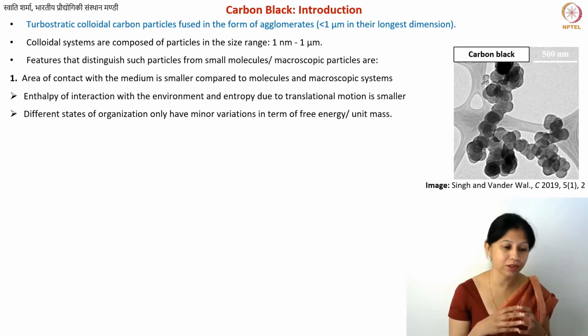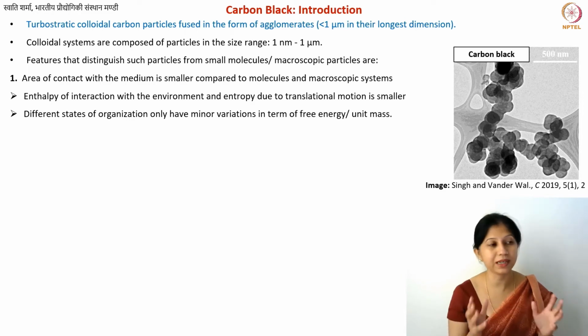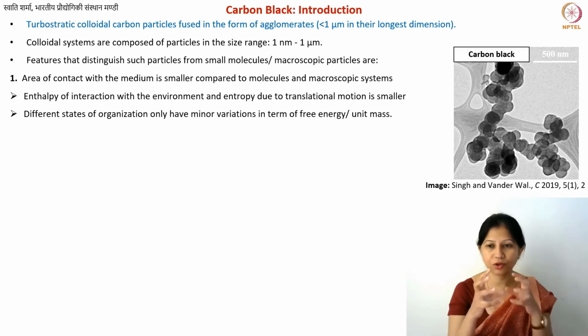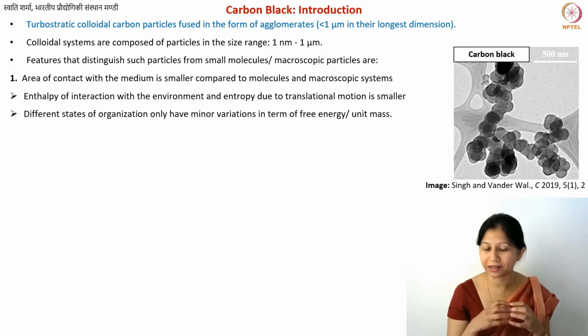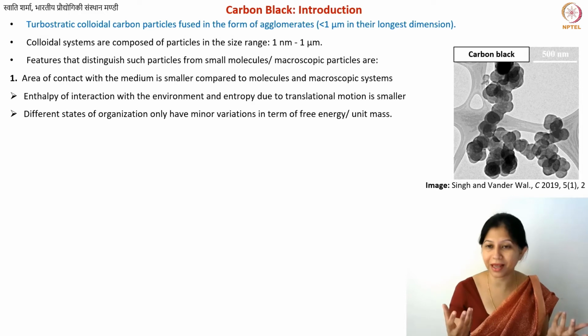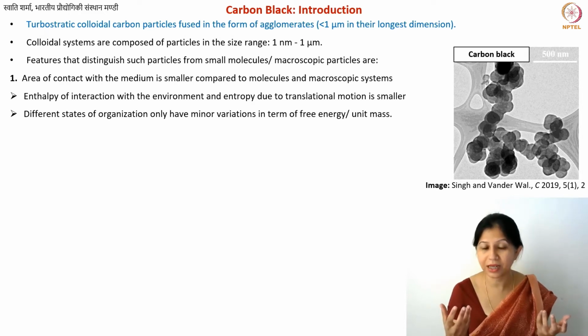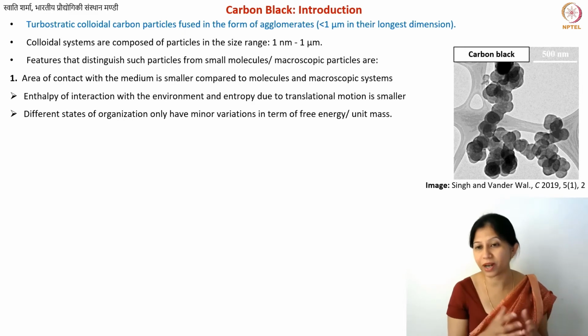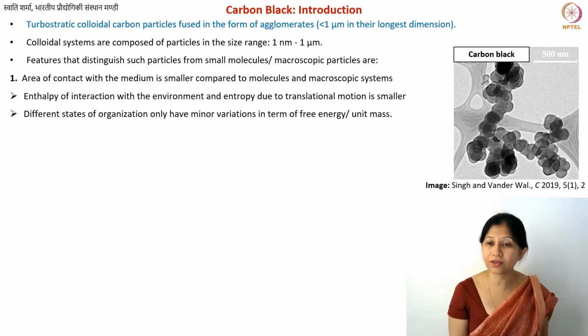When we are talking about enthalpy and entropy, it's probably easier to understand that if you just switch the positions of these nanoscale particles inside your carbon black particle, you're still going to have pretty much the same enthalpy and entropy, because as long as the overall dimensions are in this 1 micrometer range, you're not going to see much change in the behavior of your particles.